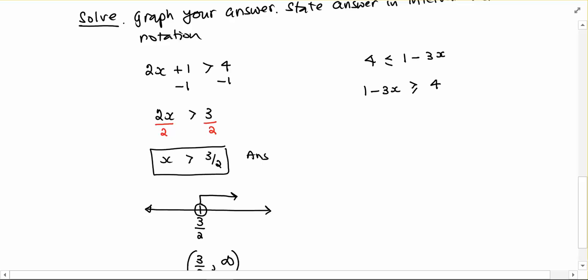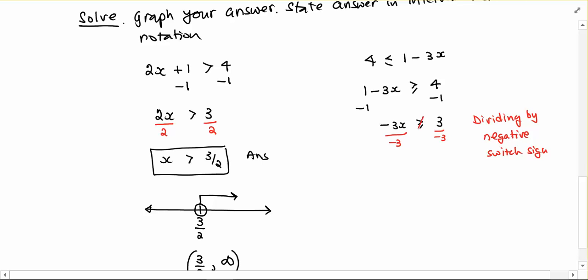So if I did that, as you see, then that's perfectly fine. Now let's solve this. So minus 1 from both sides. You don't change the sign because you're adding and subtracting. So that's a 3. And now I'm going to divide by a negative 3. Okay, so dividing by a negative, must switch the sign.